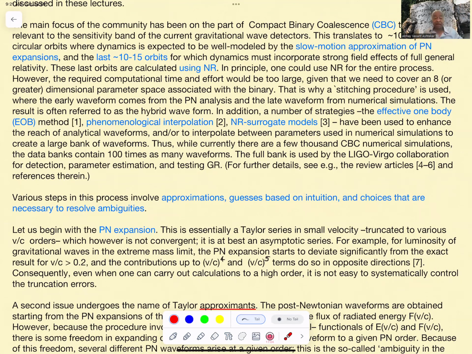So several 100,000 waveforms are there, and given an incoming signal, the computer rapidly goes through and tries to pick out which of these waveforms best matches whatever the observation shows. So it's a large number of waveforms that have been created. The full bank used by the LIGO Virgo collaboration is this, for detection, for parameter estimation and for testing general relativity.